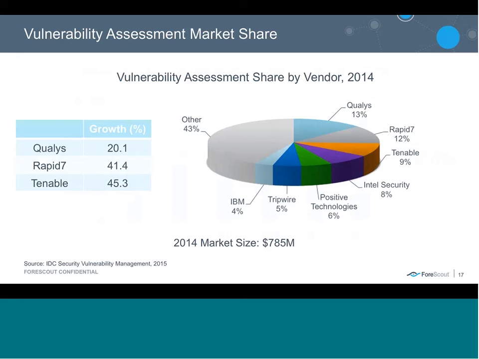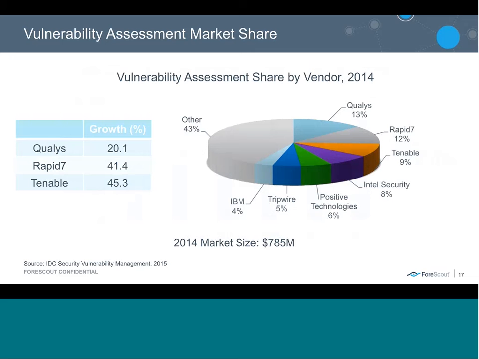Market share. So the VA market share by vendor, right? Qualys has about 13% of the market. Rapid7 at the moment has 12% of the market, but they're growing faster than the other two. The reason they're growing faster is because with the end of life of Intel NVM, they are recommending Rapid7 as the replacement.